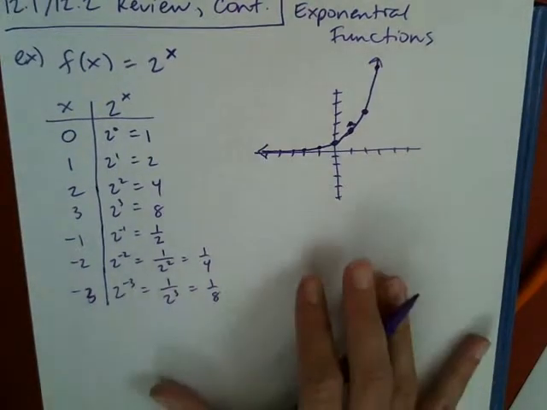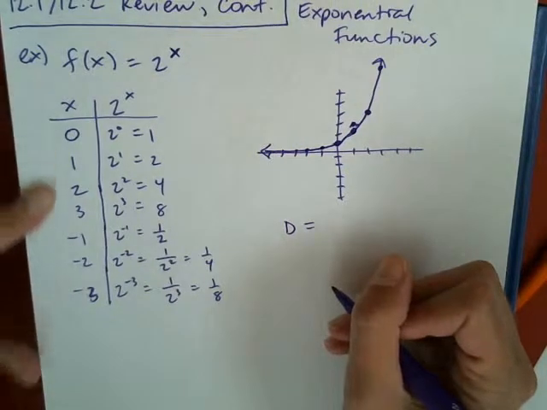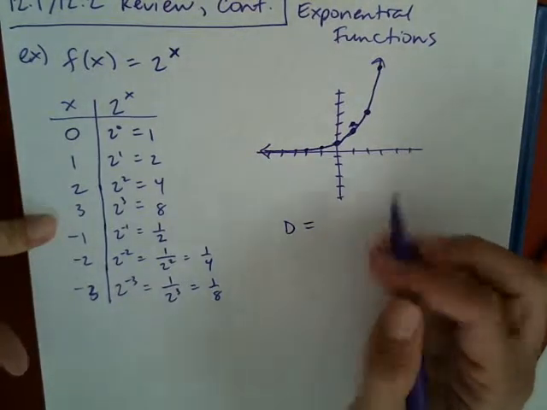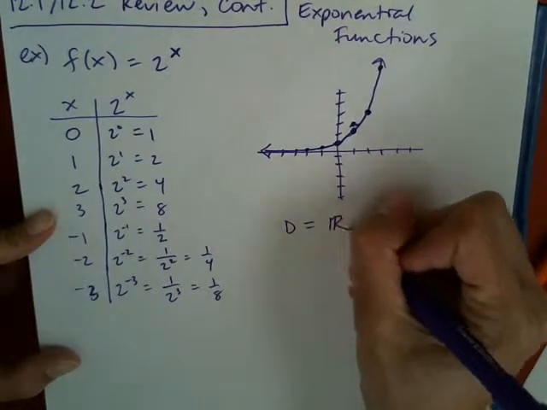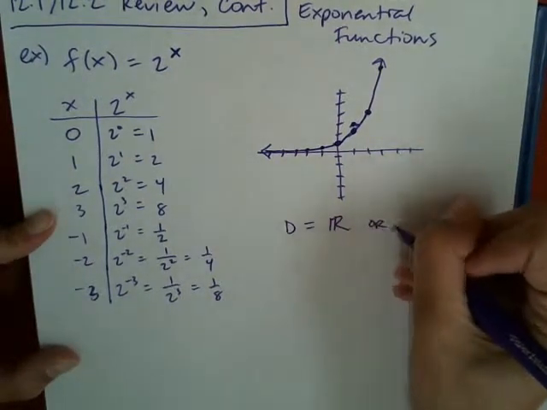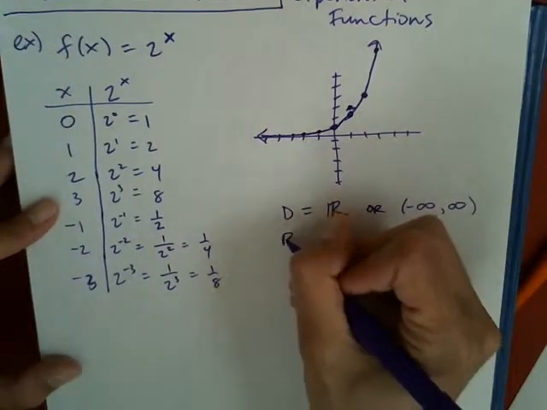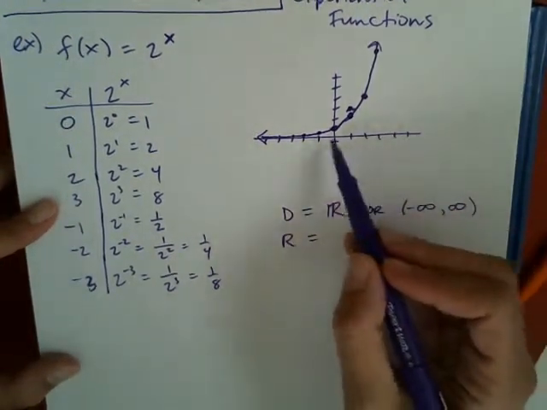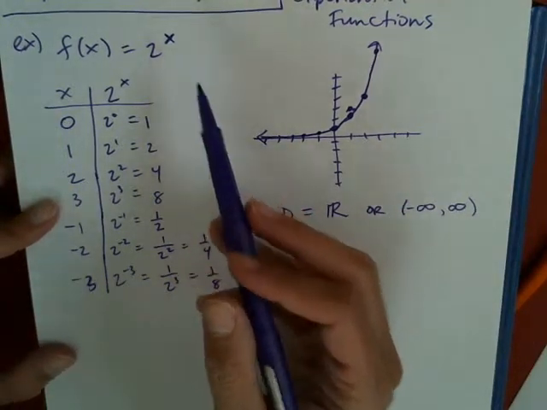Great review from earlier in the quarter. Let's do domain and range. My domain, I can put anything in for x. Everything works. I'll get a really, really big number or a really, really small number, but they all work. So real numbers will work, or you can say negative infinity to infinity. Range is a different story. I don't get any negatives out of this. 2 to whatever is never going to be a negative number.